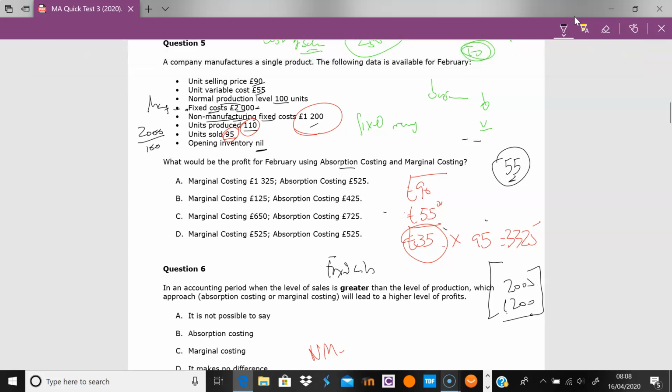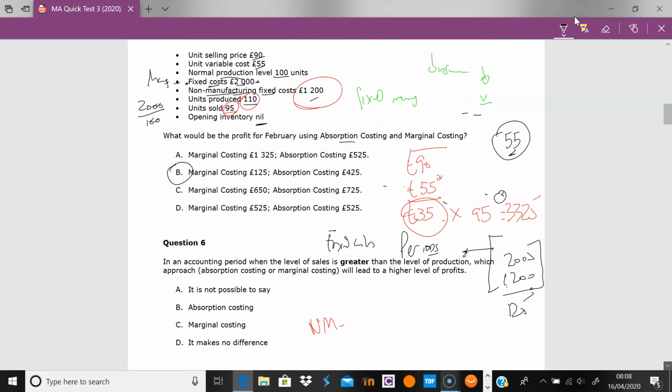But as far as this is concerned, that's my contribution. Those are my fixed costs. Fixed costs are treated as period costs. They just happen in the period. We don't absorb those costs over our units because we're trying to actually cover them. So we need to keep them separate. And when you deduct these two figures from this, you get 125, which takes us to B. Right, good. So, question 6.